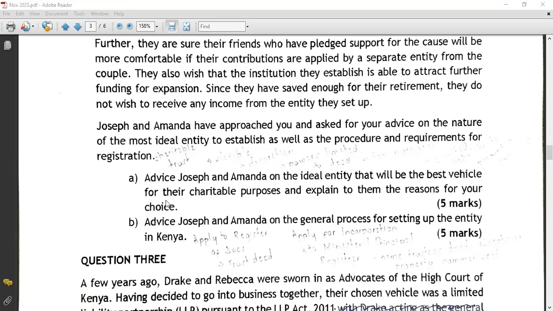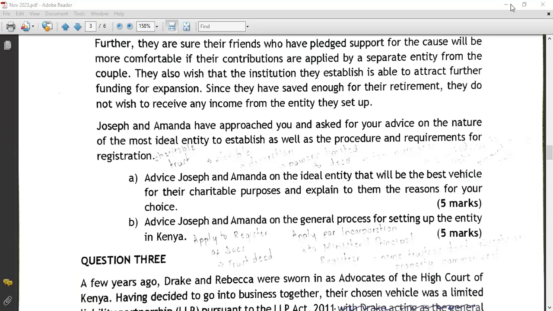Also, they are going to apply for tax exemption. So the liability of members is limited to the amount they agree to contribute to the company's assets if it is liquidated.